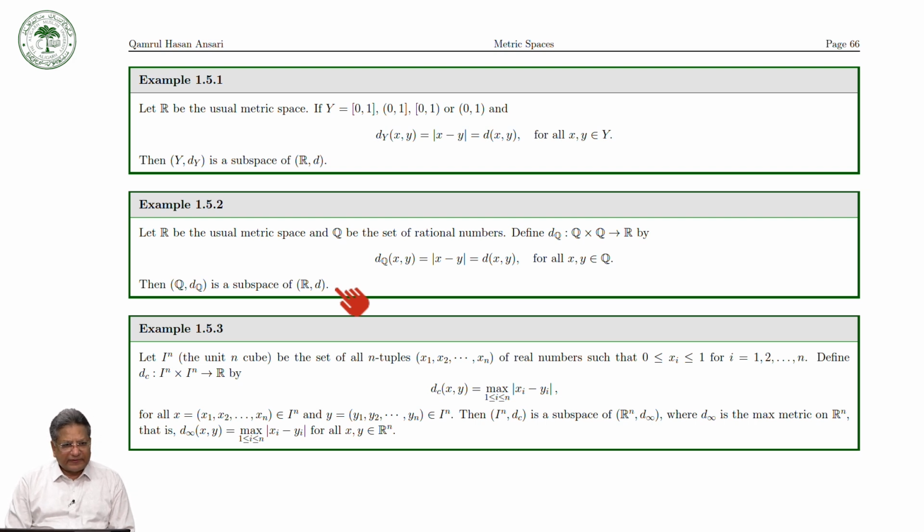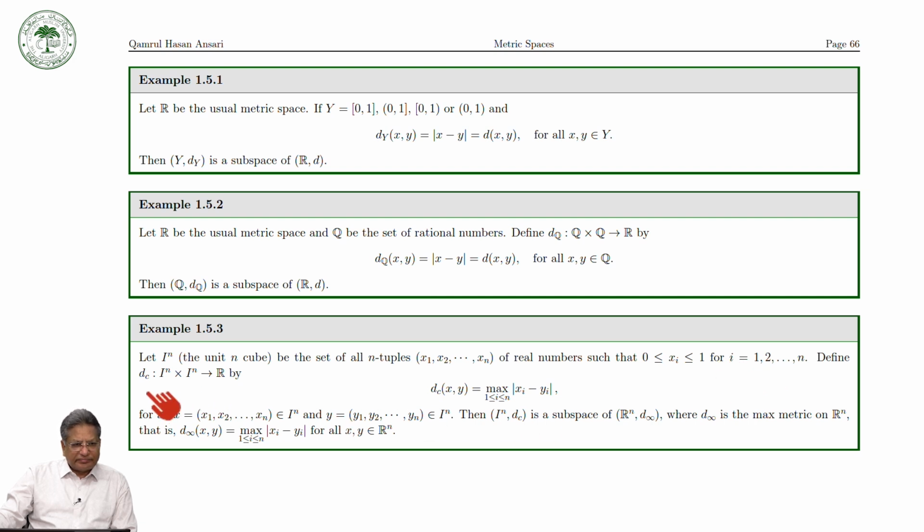Now take another example. Let I^n, the unit n-cube, be the set of all n-tuples (x1, x2, ..., xn) of real numbers such that xi lies between 0 and 1 for all i running from 1 to n.